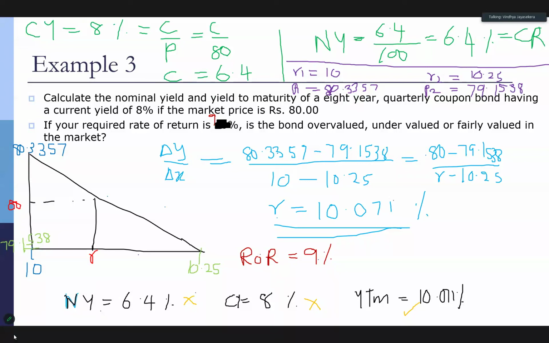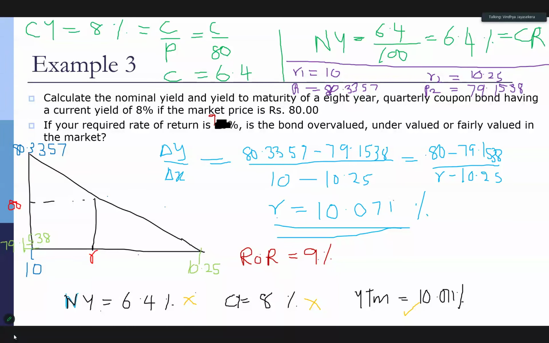But if this bond is giving me a return of 10%, it is more attractive than what I want because it is undervalued, right? For 9%, there is a certain price that I'm willing to pay. Here, I am getting a higher return. That means the price of the bond is actually lower than what I am willing to pay.